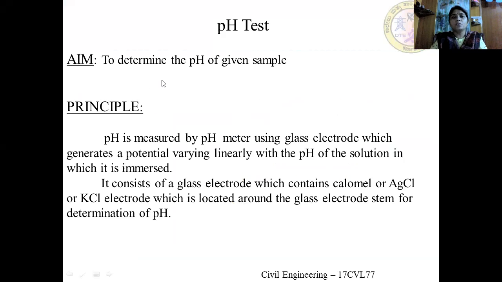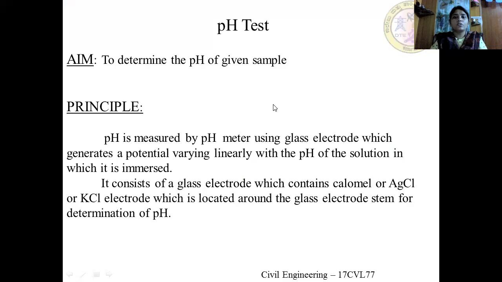So what is our aim? To determine the pH of the given sample. What is the principle? Since we are using a pH meter here, the pH meter consists of a glass electrode. It has a glass stem at the center which is surrounded by a solution of calomel.